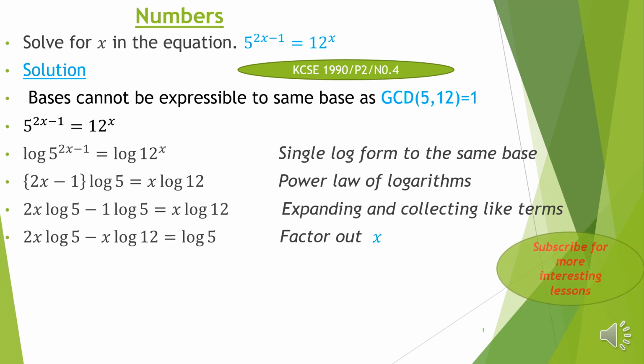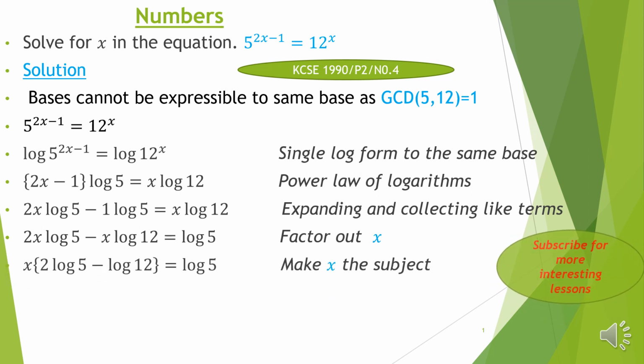Then x is common on the left hand side, and therefore we factor it out. By so doing we get x(2 log 5 - log 12) = log 5.